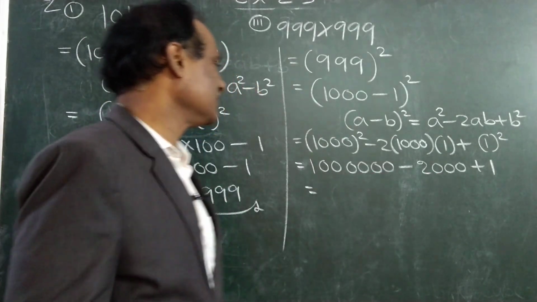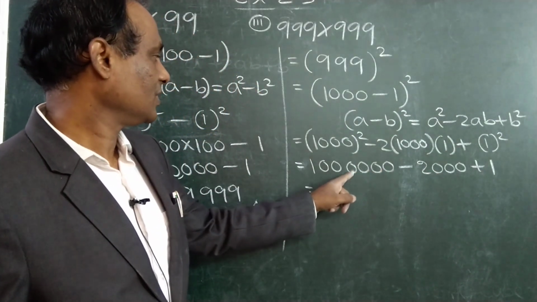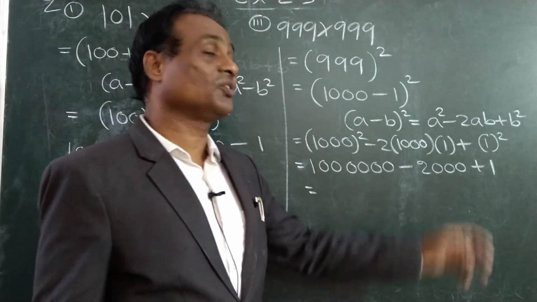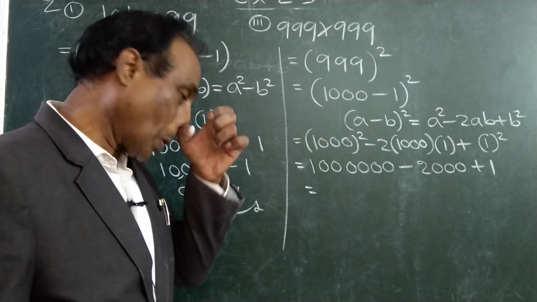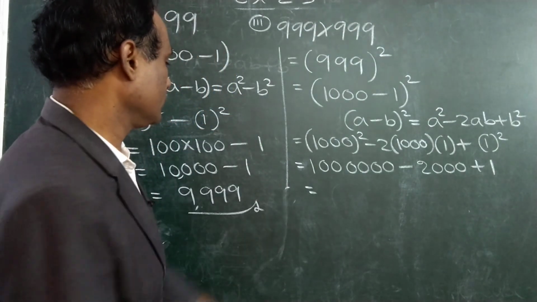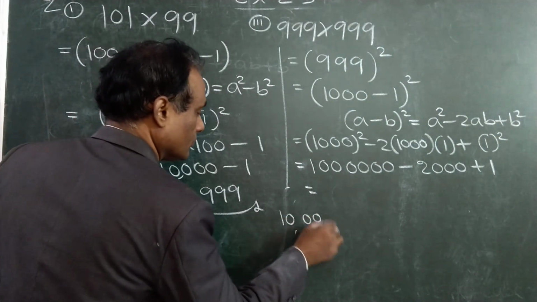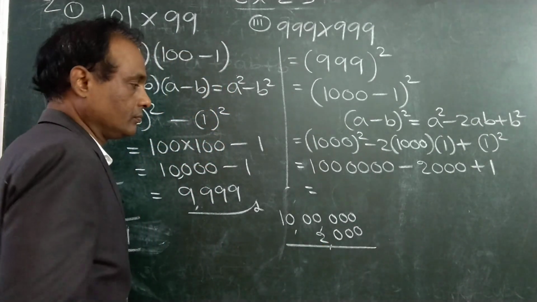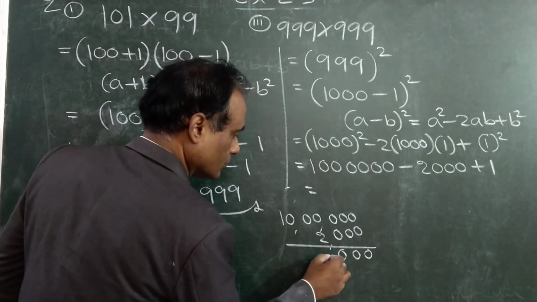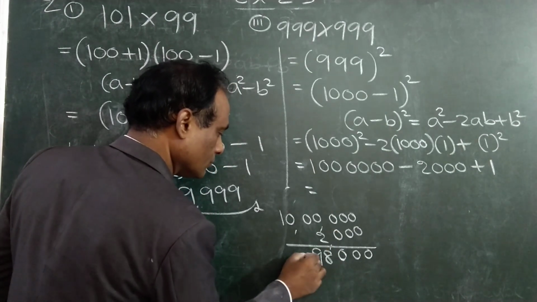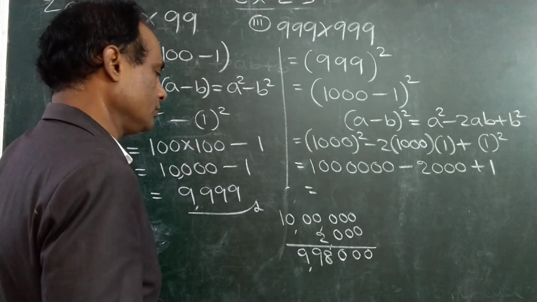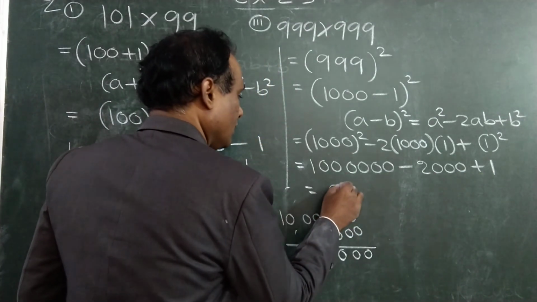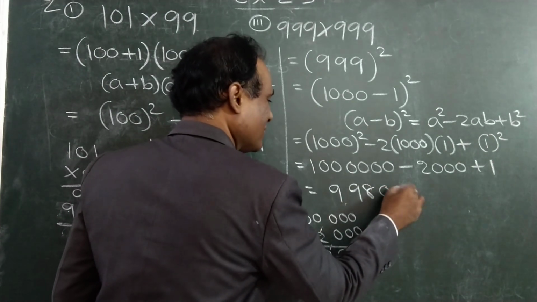Subtract this. 10 lakhs minus 2000. Nine lakhs 98,000 plus 1. 9 lakhs 98,001.